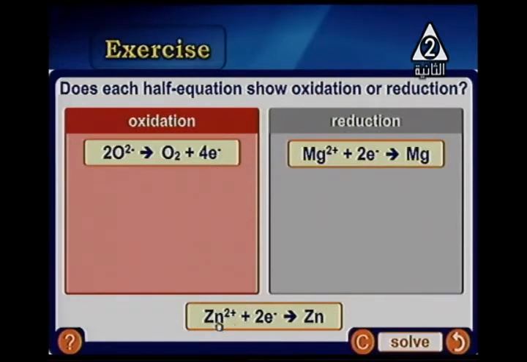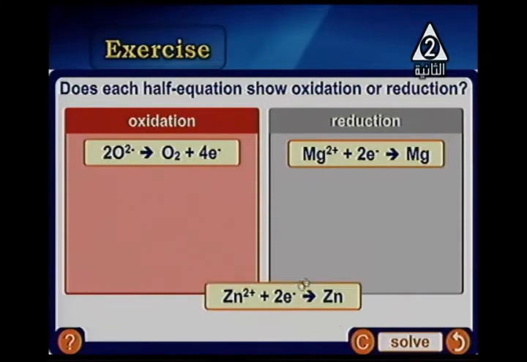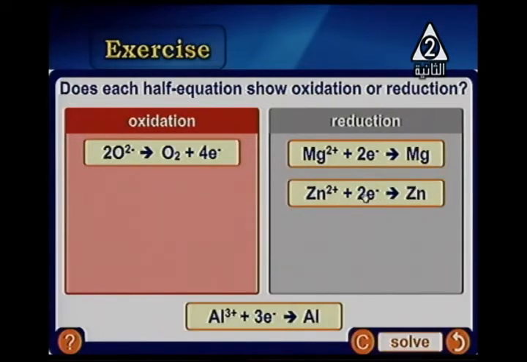And here we have Zn positive 2 plus 2 electrons. It means reduction. So this reduction happens in the anode, right? So here, this is Al positive 3. It means aluminium ion that has positive 3 charges, the positive ion of aluminium, and it gains 3 electrons.